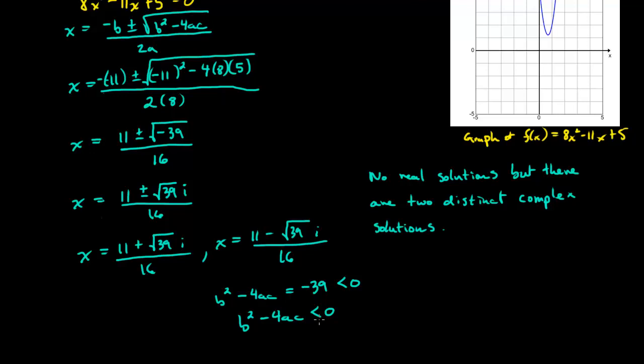So notice that any time that you have a value for b squared minus 4ac being less than 0, you'll get a negative number underneath this radical. And a negative number underneath a radical produces an imaginary number. So you'll get negative b plus or minus some imaginary number, which is a complex number. So any time that you get b squared minus 4ac being less than 0, there will be no real solutions.